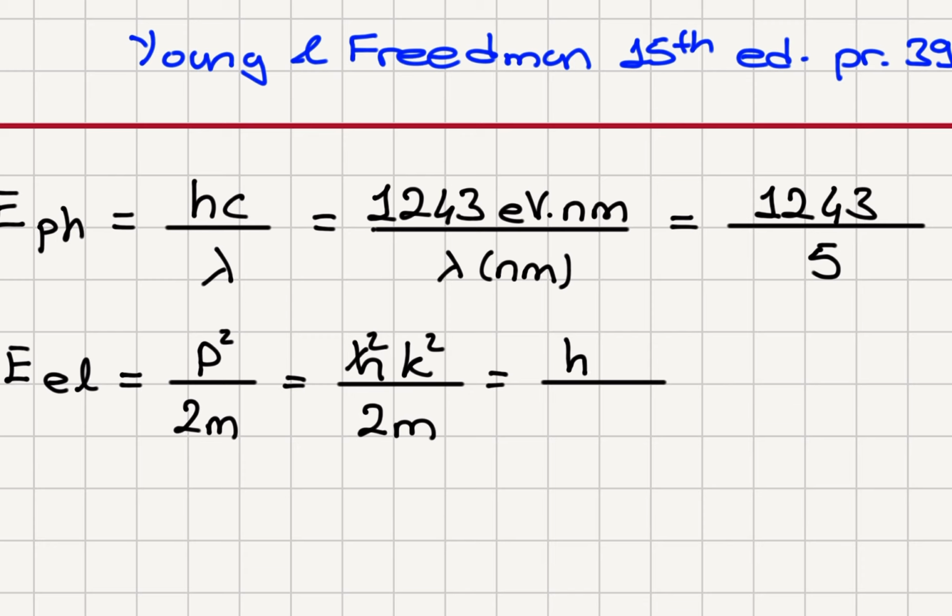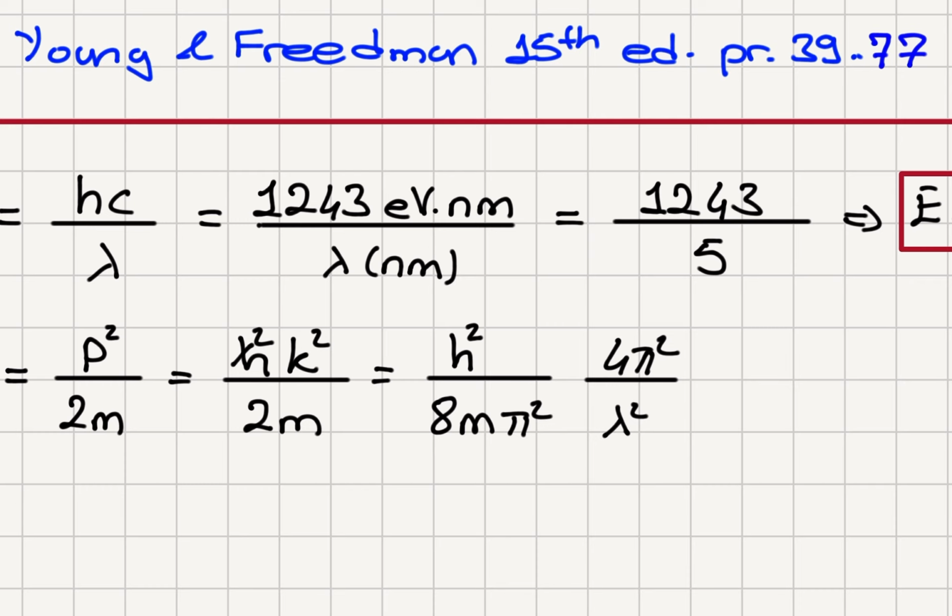h squared divided by, because h bar is h divided by 2 pi, h bar squared is h squared divided by 4 pi squared. Multiplied by 2m, it's 8m pi squared, and then we have k squared, k is 2 pi over lambda, so it is 4 pi squared divided by lambda squared.